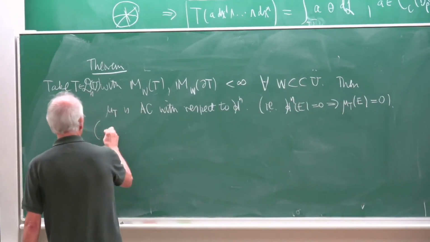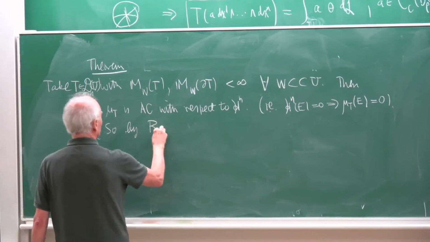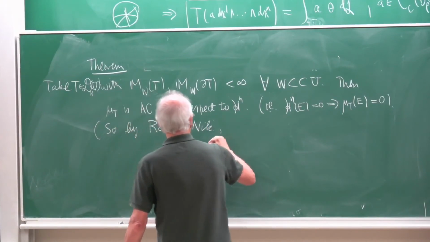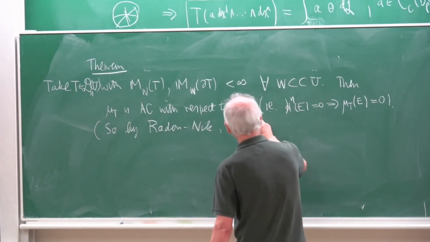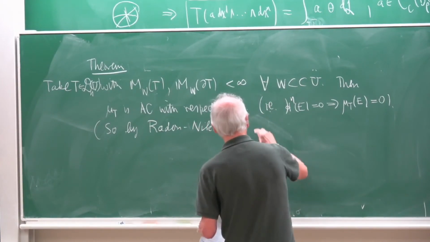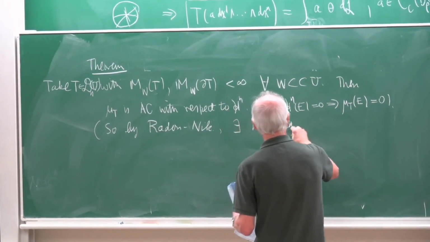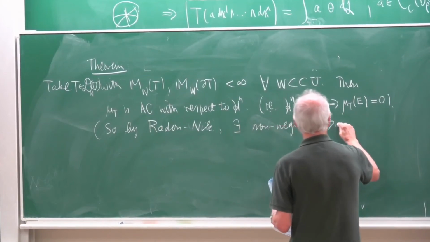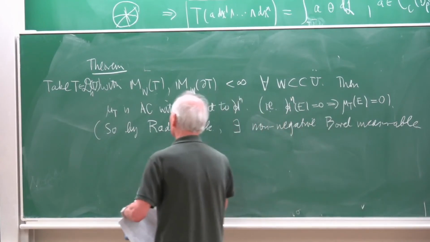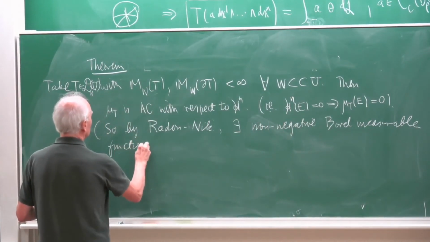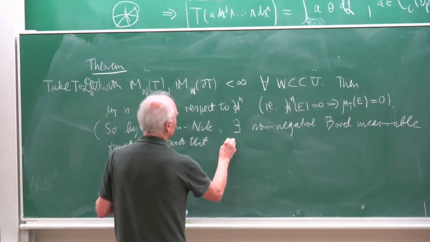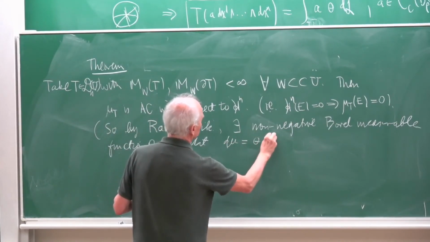So by Radon-Nikodym, there exists a non-negative, Borel measurable function theta, and in particular mu T measurable in that case, such that d mu equals theta times dH^n.